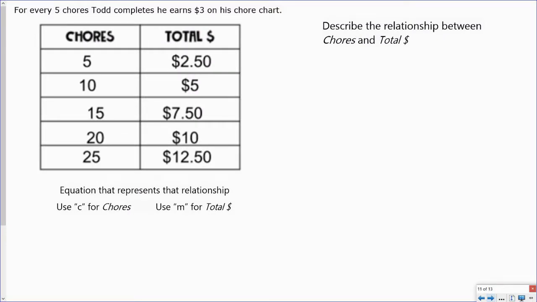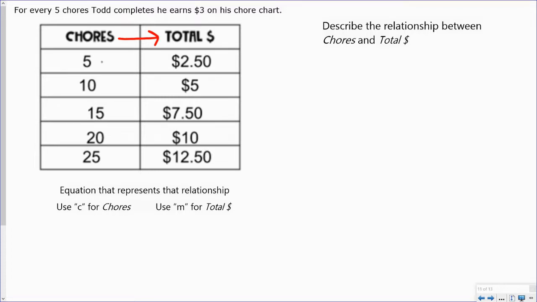So another situation here. Again, we have 5 chores for Todd is earning him $2.50 on his chore chart. So again, I'm taking a look at how do I get from chores to total amount of money.